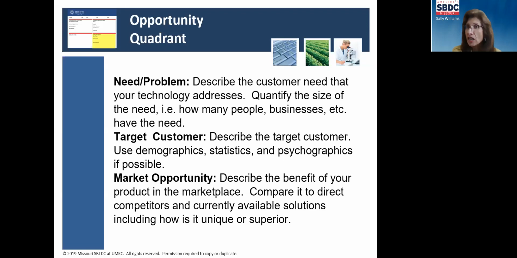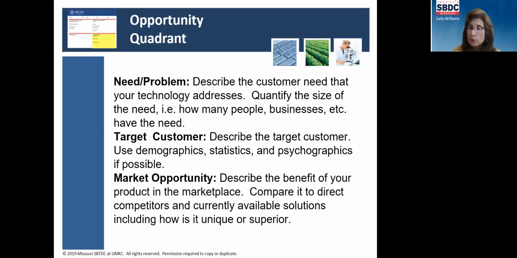Again, online, okay? You can find that through your libraries. These business reference librarians will be glad to help you find that, okay? And there are some good sources, Statista, Reference USA, those kinds of databases where you can find lots of information about your customer, okay?